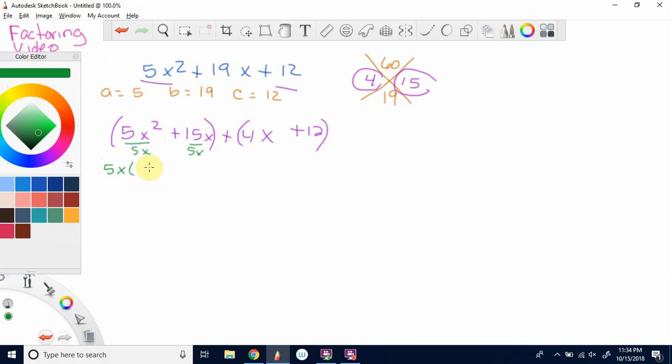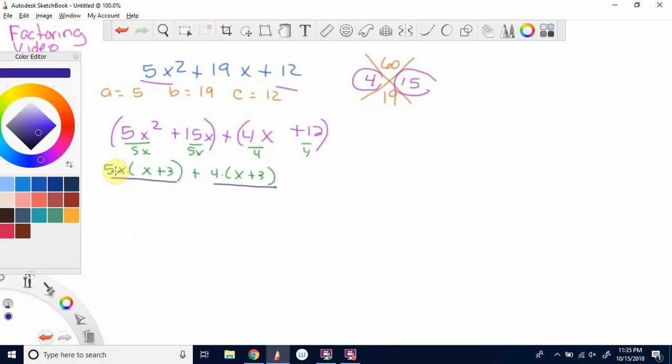So I'm going to get x plus 3. Here, I'm going to factor out a 4, so I'm dividing by 4. So I'm going to get positive 4 times x plus 3. So do you see I went from 4 terms down to 2 terms? One whole term. Remember, it's glued together because of this multiplication.